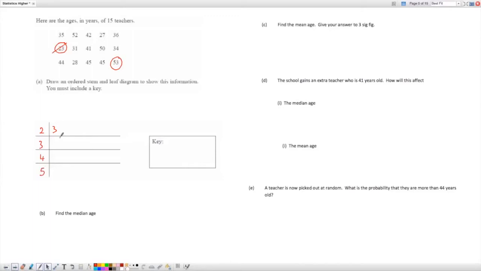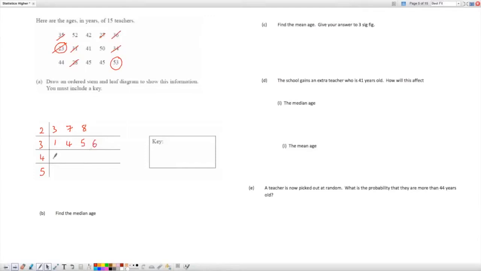So let's continue now with the 20s. We have 27 and 28. Moving on to the 30s, 31, 34, 35 and 36.